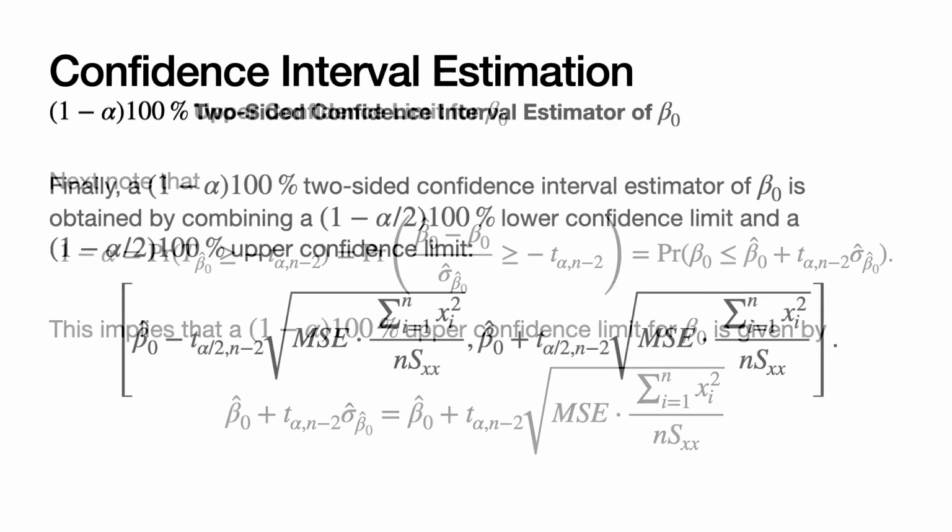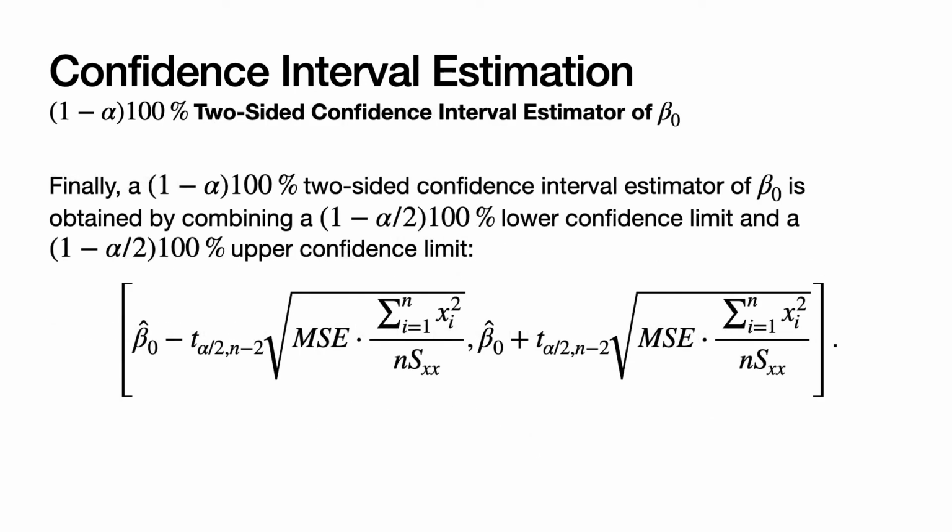And finally, a 1 minus alpha times 100% two-sided confidence interval for beta 0 is obtained by combining a 1 minus alpha over 2 times 100% lower confidence limit for beta 0 with a 1 minus alpha over 2 times 100% upper confidence limit for beta 0.